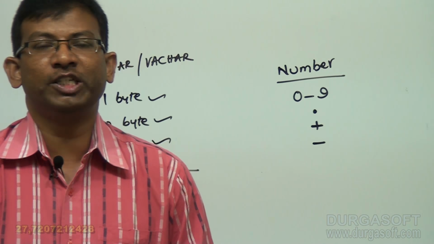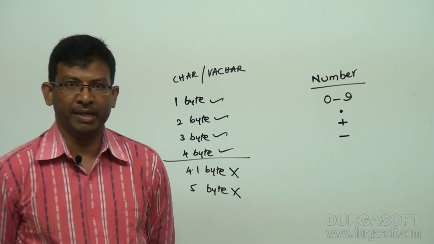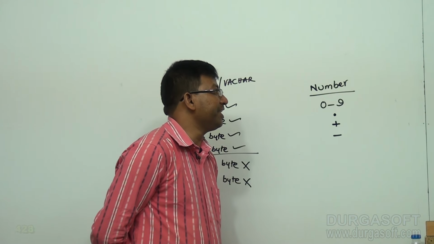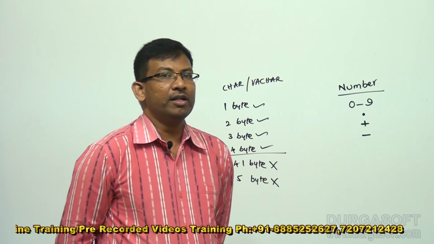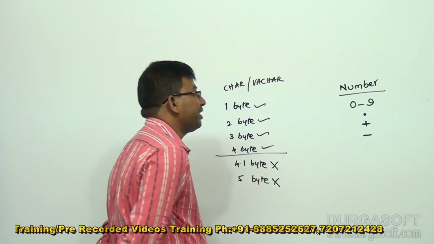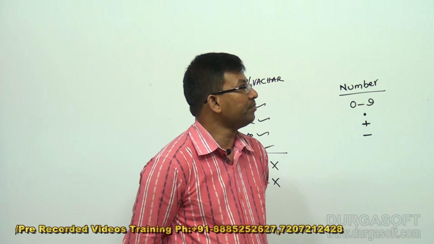Plus is for positive numbers and minus is for negative numbers. Decimal point is for fractional numbers. So totally 13 different characters are allowed into number data type.